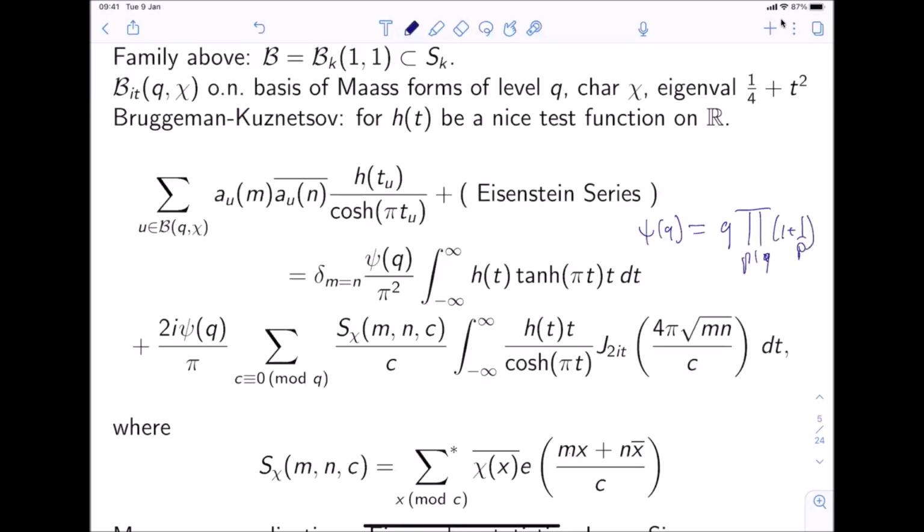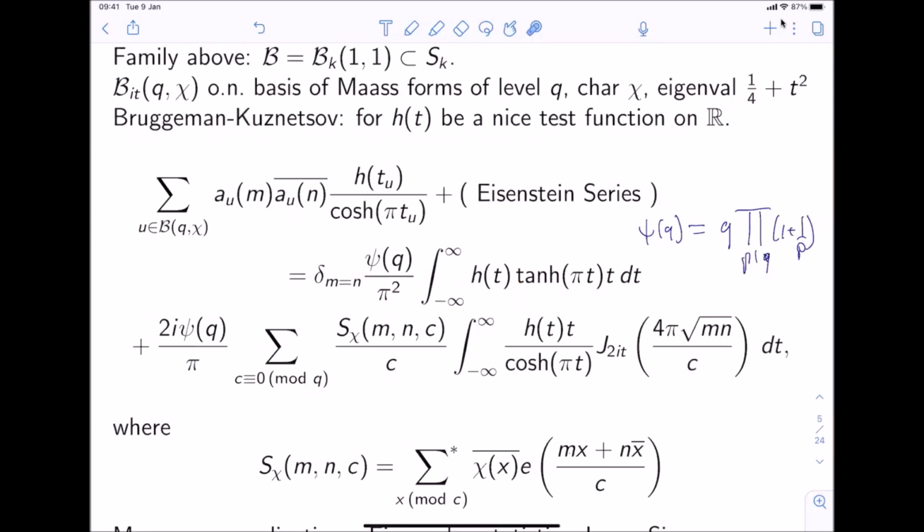And that just represents the dimension of the space of forms of level q. And so this piece is related to the Plancherel measure on the real line. And so that captures the mass in this test function h.